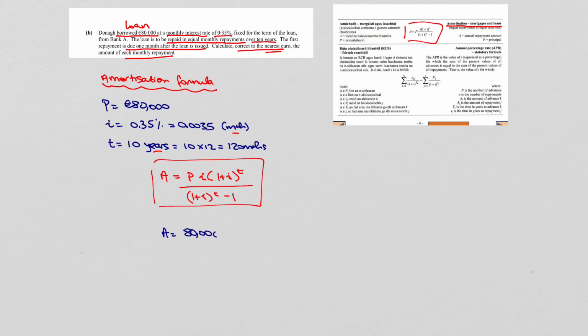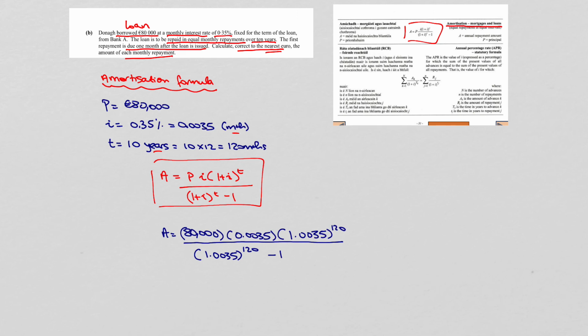So we have 80,000 times I, which is 0.0035, times 1.0035 to the power of 120 months, all over 1.0035 to the power of 120 minus 1.